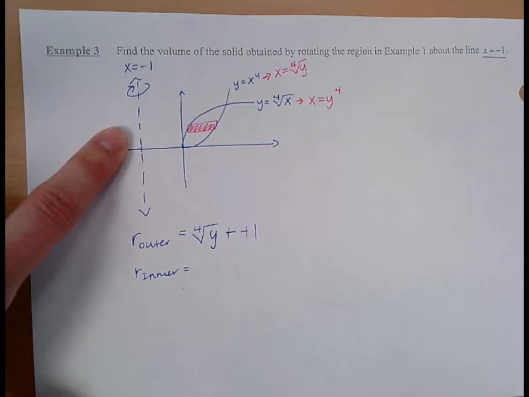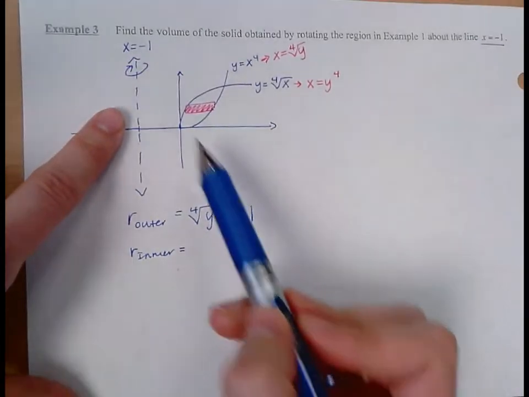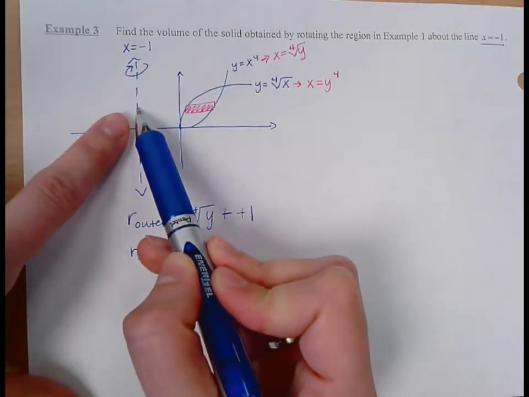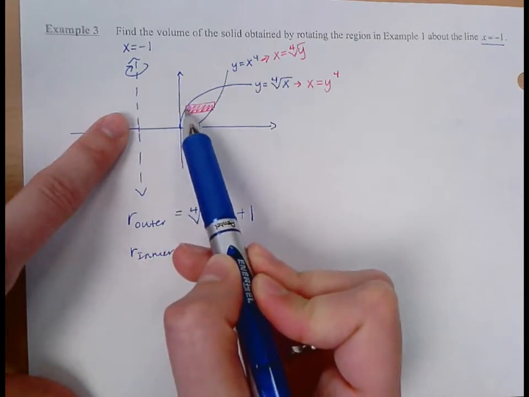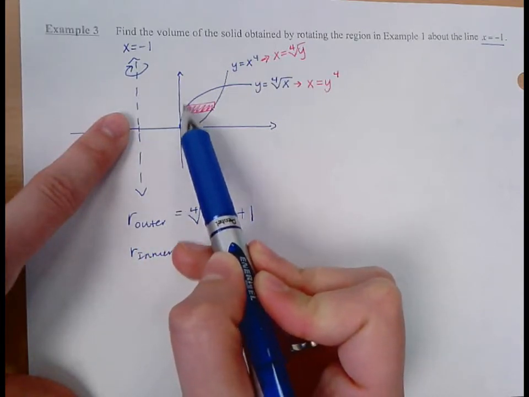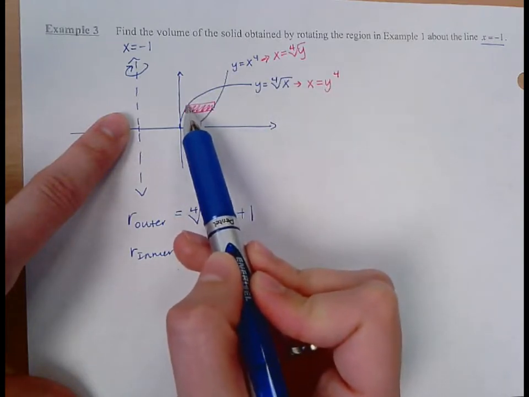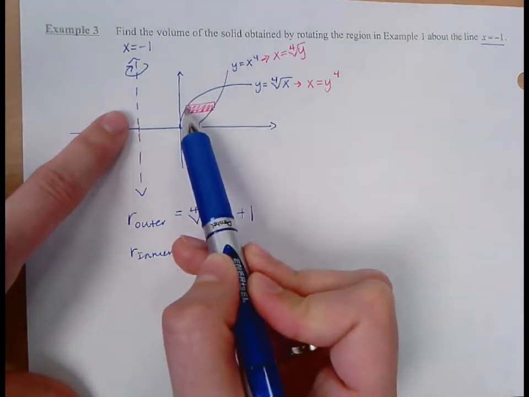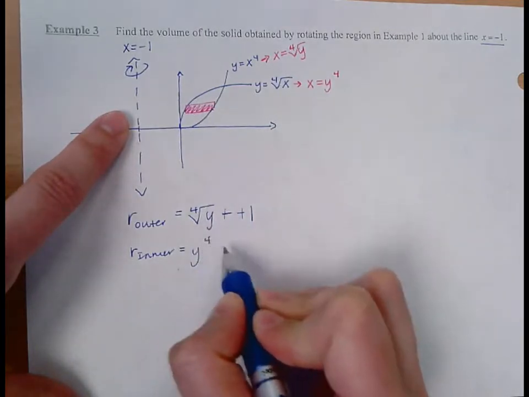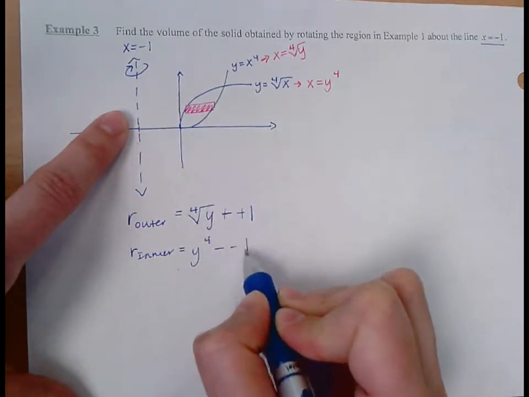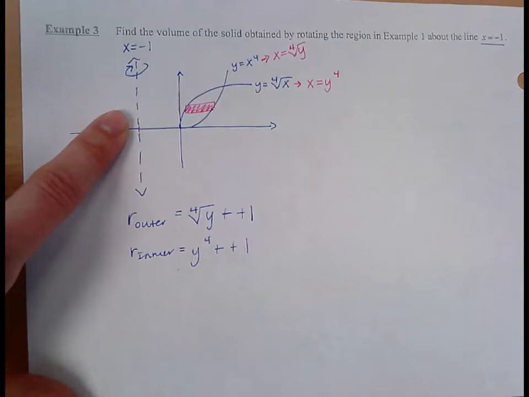That's my outer radius. My inner radius then, again, extends from the axis to the curve closest to that axis, which is y to the fourth. And the y to the fourth is the rightmost curve between these two. So it would be y to the fourth minus -1. So it's really y to the fourth plus 1.